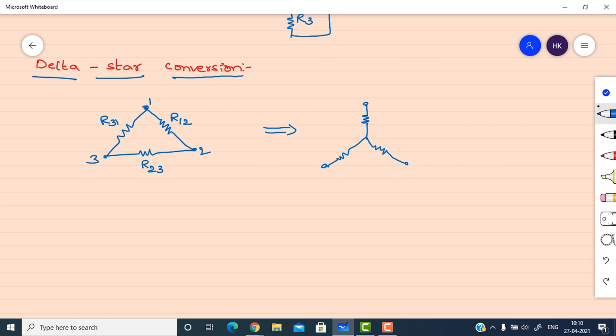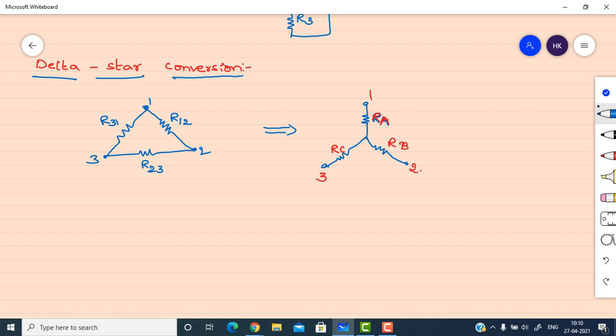So first assume this is RA. In the star connection, the resistance is RA, this is RB and this is RC, at terminals 1, 2, 3. What will be the known values and what will be the unknown values here? We are converting delta to star.